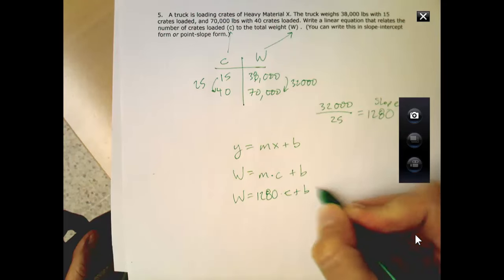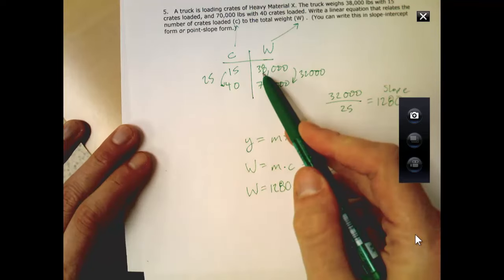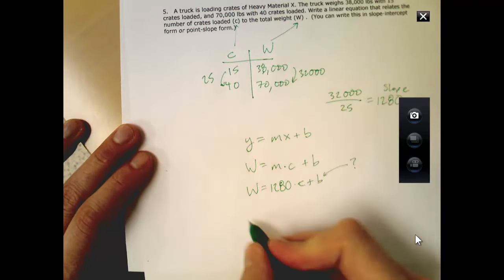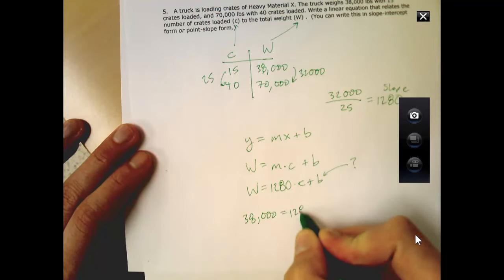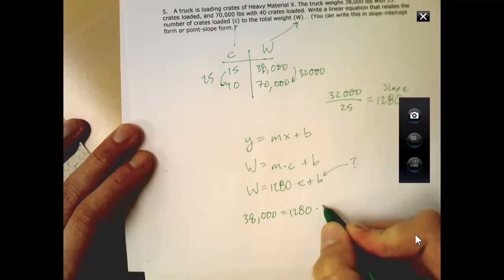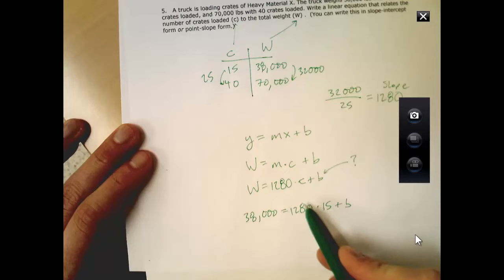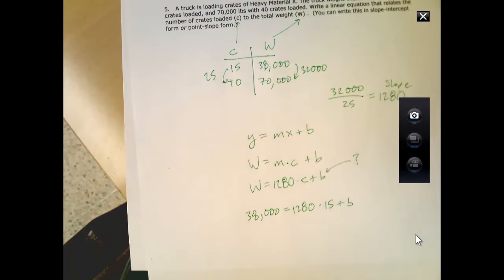So b is the only unknown. That's what we want to find. We can use this particular number of crates and this particular weight, and put it in. Okay, and now we can just solve for b by multiplying and subtracting that from 38,000.